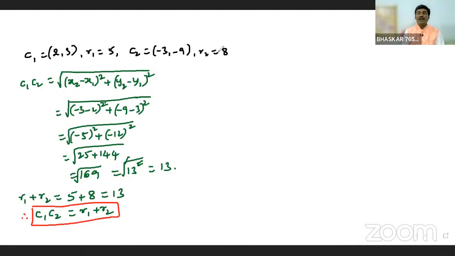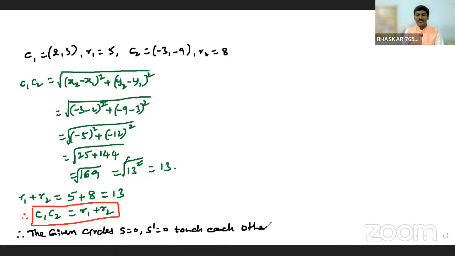If both are equal, then both the circles touch each other. Therefore, the given circles S equal to 0 and S dash equal to 0 touch each other. How do they touch?